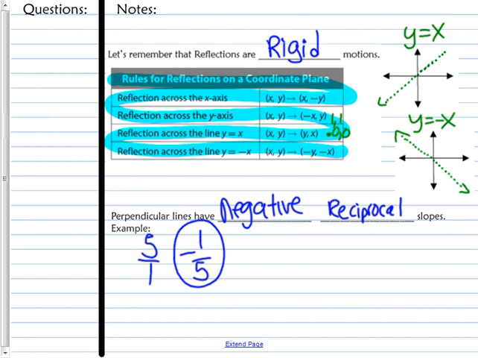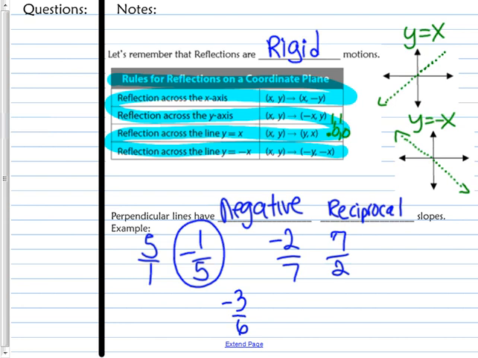If we had the slope negative 2 over 7, the negative reciprocal then is the opposite sign, which would be positive, and then the reciprocal, 7 over 2. So if I gave you the slope of negative 3 over 6, what would the negative reciprocal slope be?